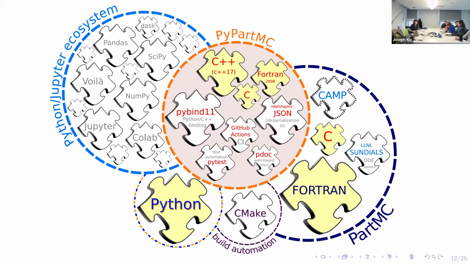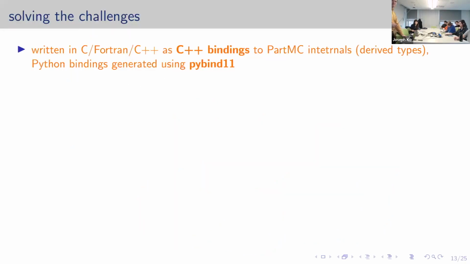So essentially, the project actually has 0 lines of Python code. It's a Python package written in C++ to interface with Fortran. And it has many implications that I will outline.